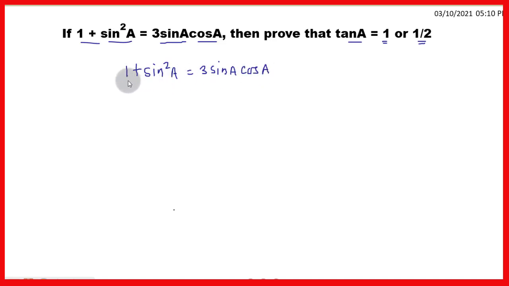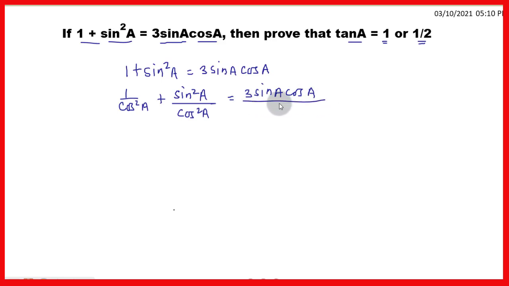Now I divide by cos square a throughout the equation, so it will be 1 upon cos square a plus sine square a upon cos square a, that is equal to 3 sine a cos a upon cos square a.